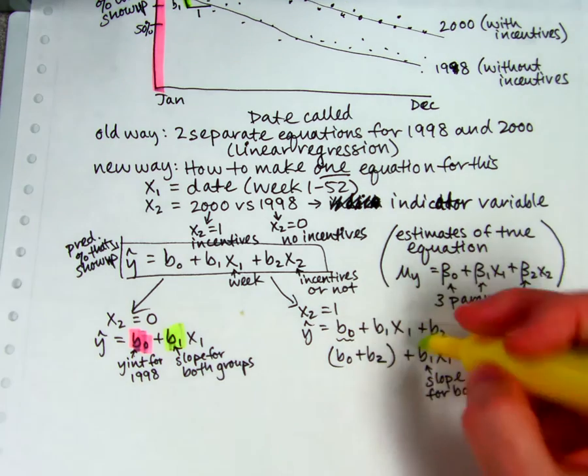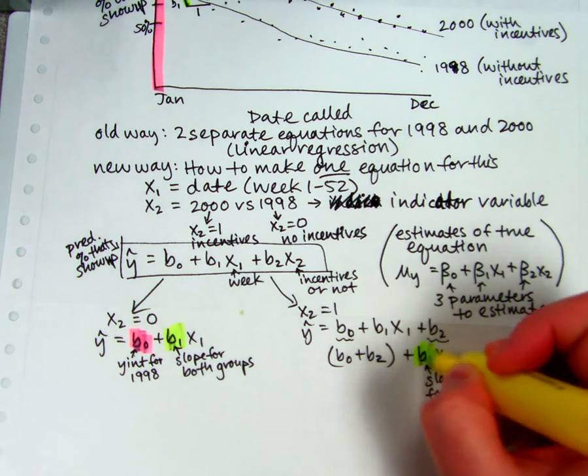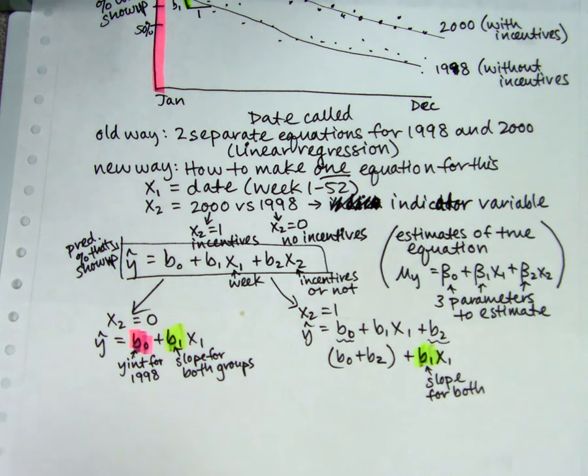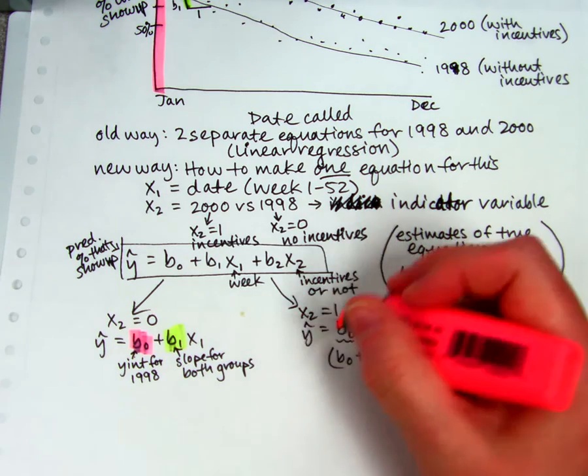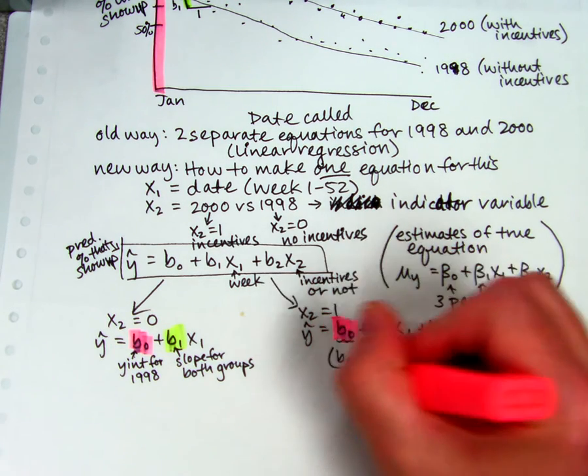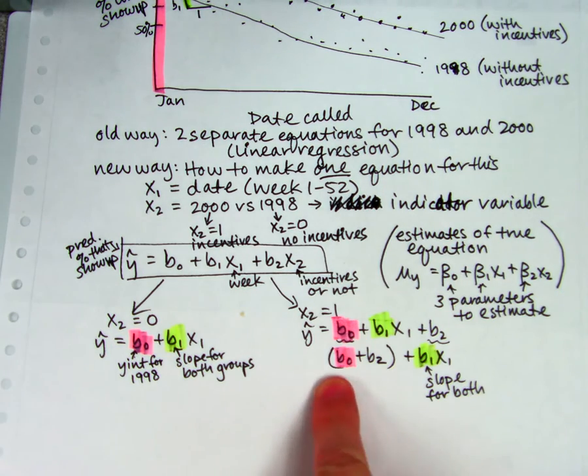Okay, so that's the same as what I had before. Maybe I'll highlight it here also. b0 is the same as what I had before. It's the y-intercept for group 1. But what about b0 plus b2? What is that?